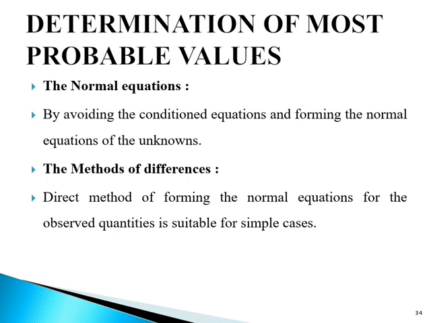If the normal equations involve large numbers, it becomes very laborious to solve the simultaneous equations. In such cases, it is advisable to solve normal equations by the method of differences, which involves the use of corrections, employed so as to simplify the normal equations.